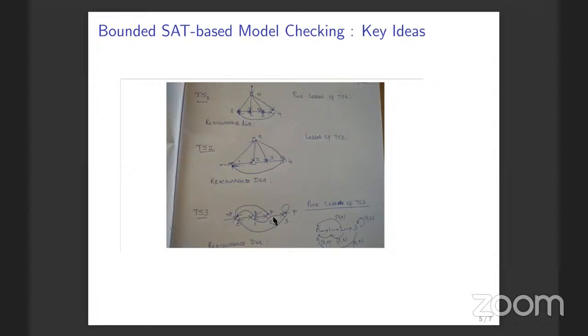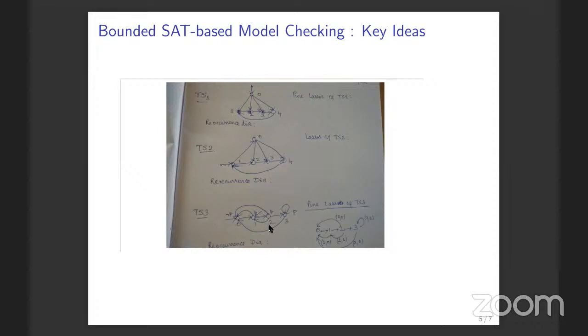So not all paths in a Kripke model have to be lasso shaped, but our property specification language is such that it really doesn't distinguish. Any property that is true of a path which is not a lasso is equivalent to, indistinguishable from, something which corresponds to a particular lasso.